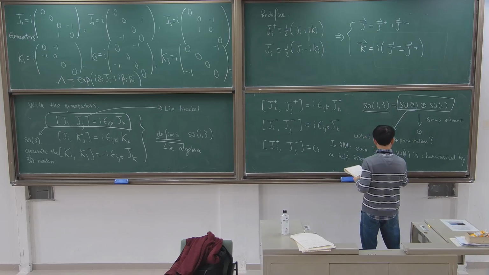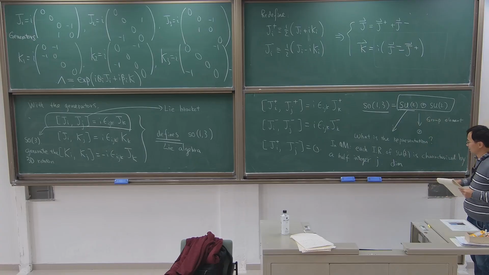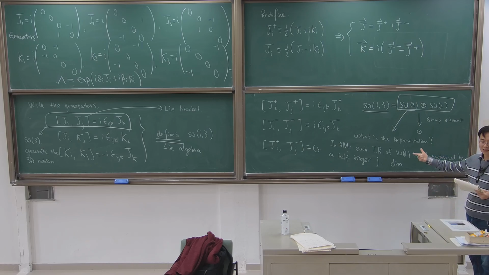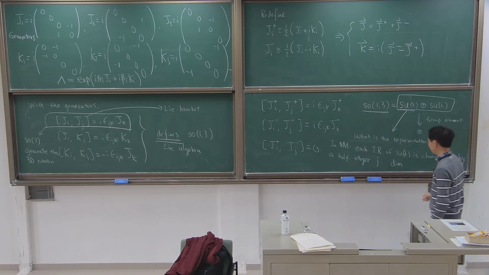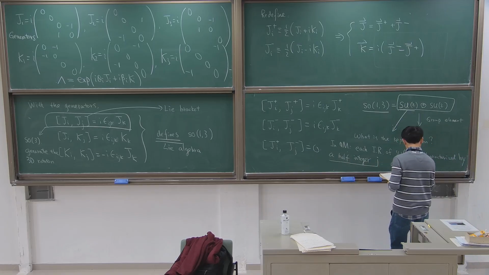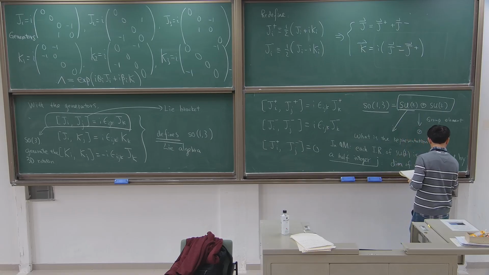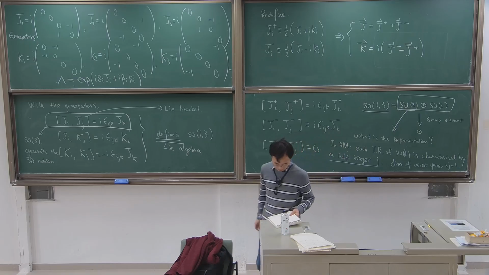And furthermore, the dimension of the vector space, which as introduced in the very beginning, there is a vector space. The vector space has some dimension, right? The representation of that group element is really the operator or matrix acting on this vector space. These are two different things, but we can combine them together to give a claim. So for each such representation, which is characterized by a half integer j, the dimension of that vector space is 2j plus 1. This is the property of SU(2).